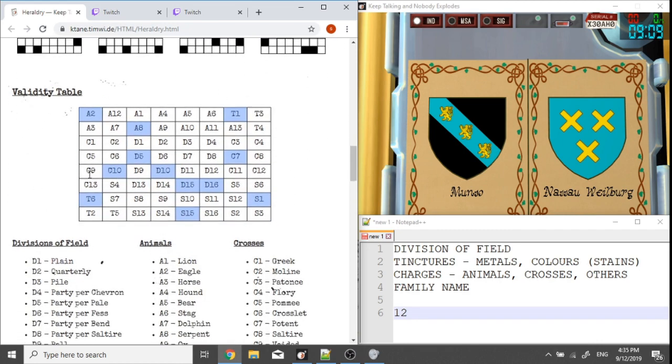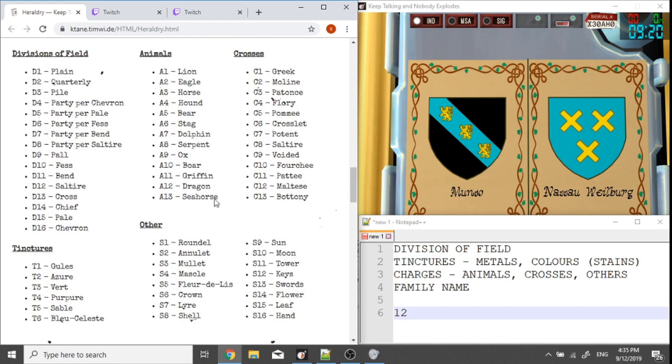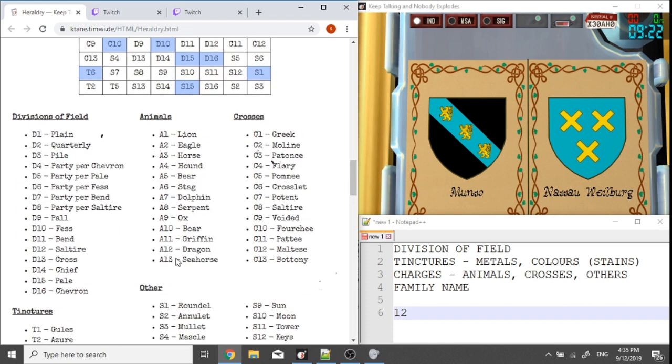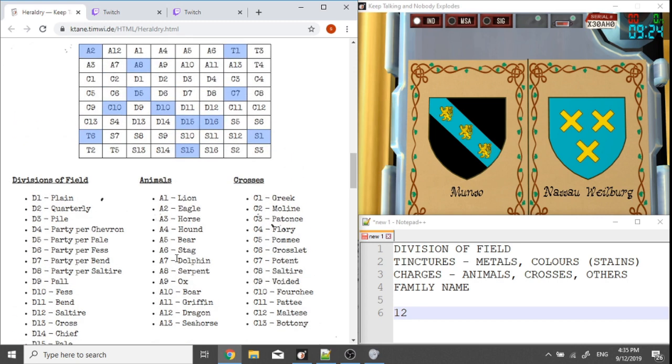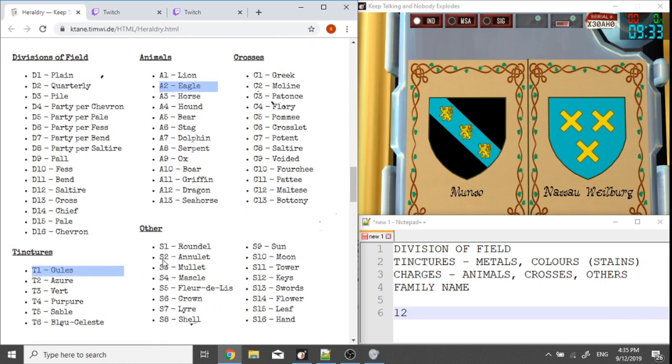So now that we have this validity table, each of these squares relates to either a division, an animal, cross, tincture, or other, which is valid. So if we look at this, we have A2, T1, so an animal, a tincture.